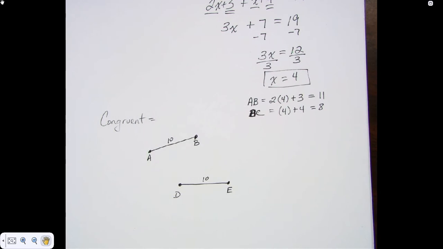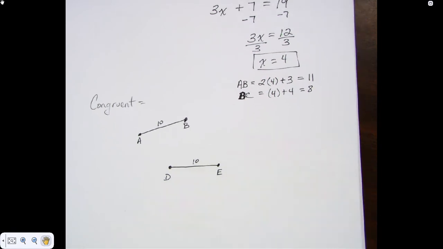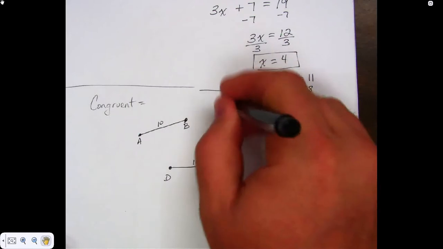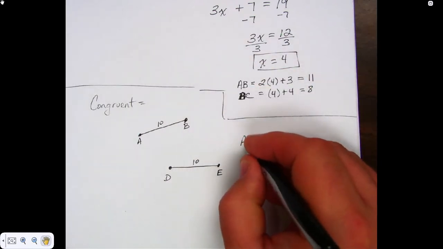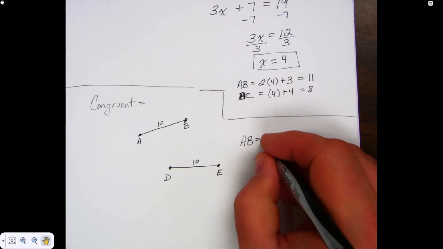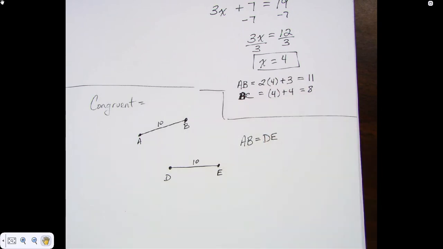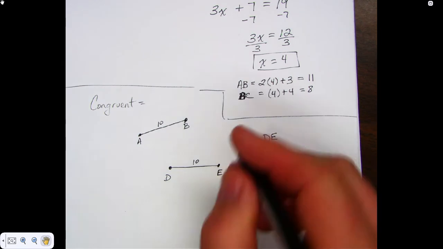Now, is it okay to say this? It is, isn't it? Because this equal sign means the same thing, doesn't it? Is 10 the same thing as 10? It is, isn't it? But you know what you should never say?